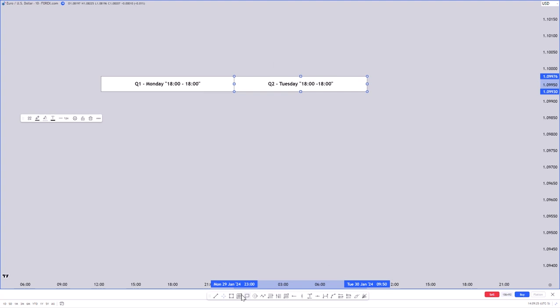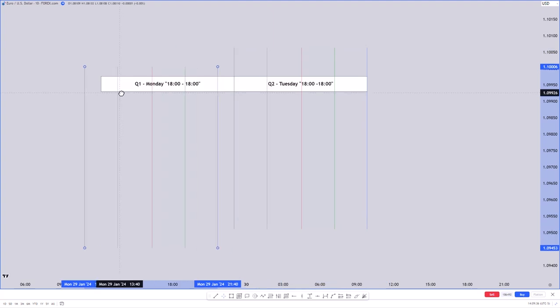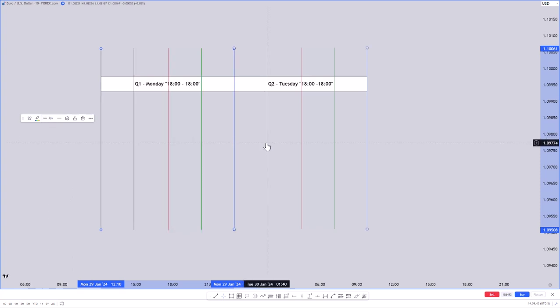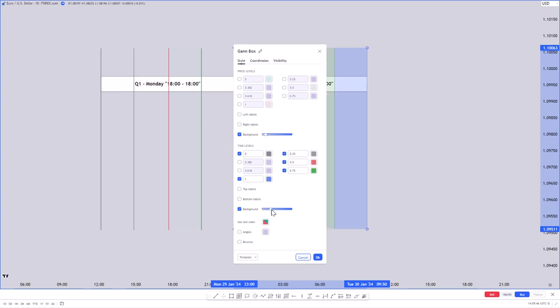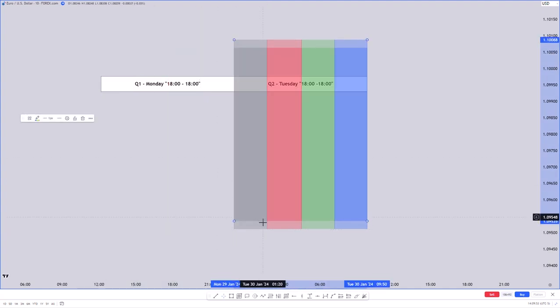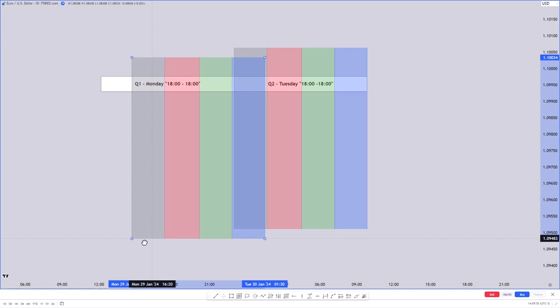So if we divide this range into quarters like this, the full range, and then we can also divide this range right here into quarters like this. Then we can increase this like that, and let's paste it like this.